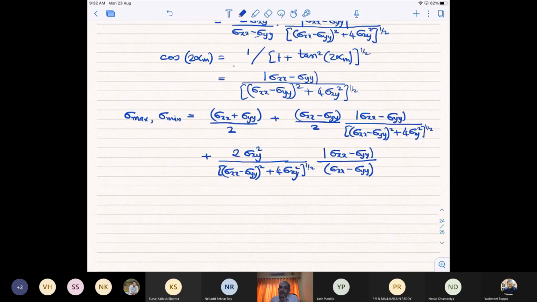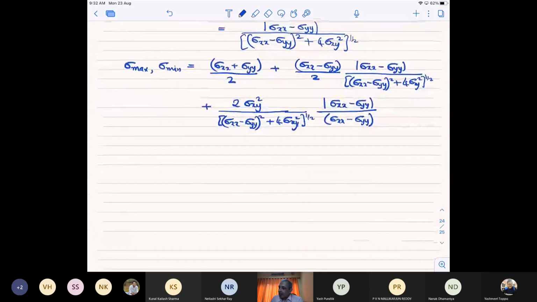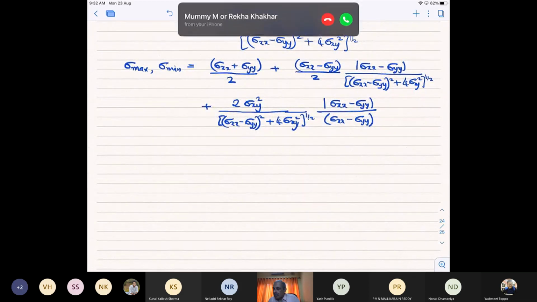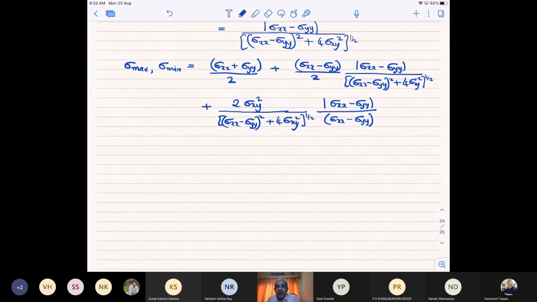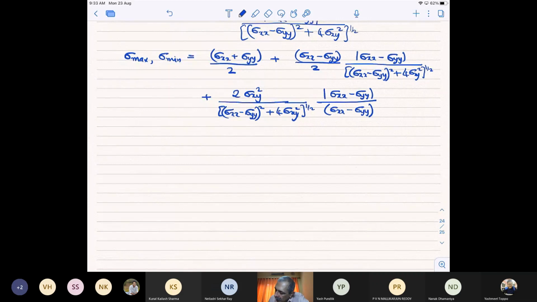So this is like saying what is the sign of this. If sigma xx minus sigma yy is positive, then this will be 1, otherwise it will be minus 1. So if we now do the final simplification of this, and I'm going to end after this one.